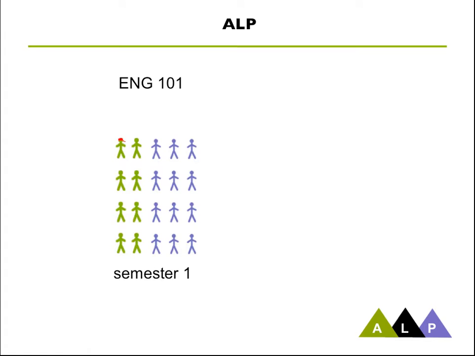We think that our model, in which the developmental students make up half or less of the English 101 class, that model is part of the reason that our ALP program is so successful.